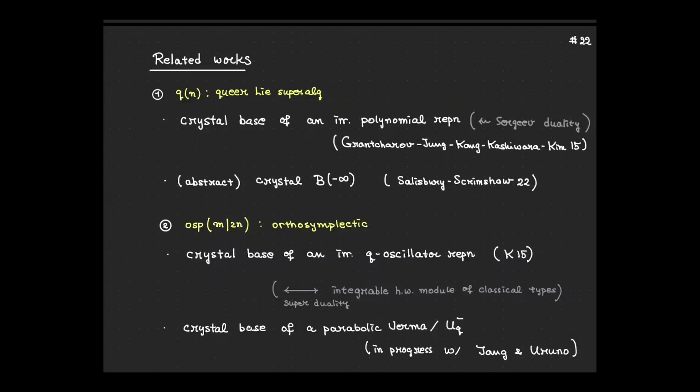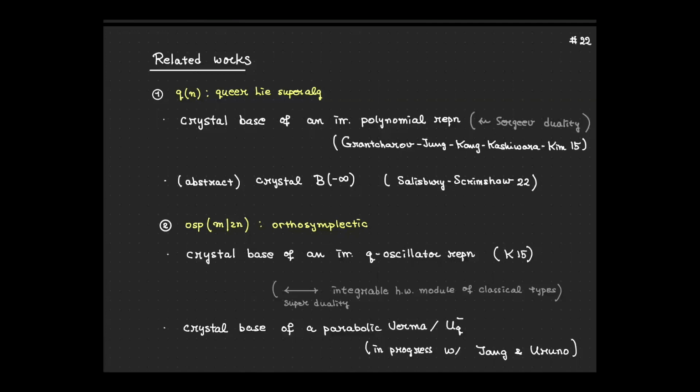So using those infinite dimensional representations, now we want to think of the negative part of the quantum group, but we couldn't go directly.